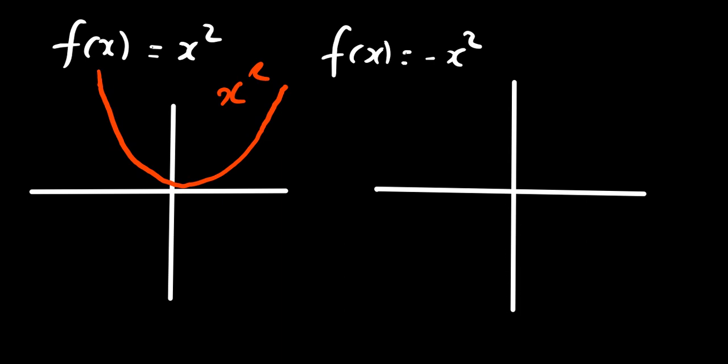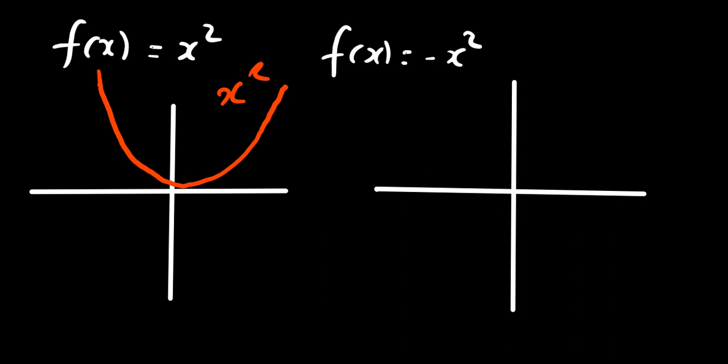Since the coefficient of x² is negative, it shows you that the graph is going in the negative direction. So in this case, our graph will go like that, pass like that, and go like that. In other words, it is just a reflected graph of x².